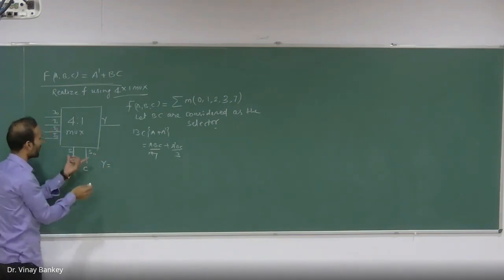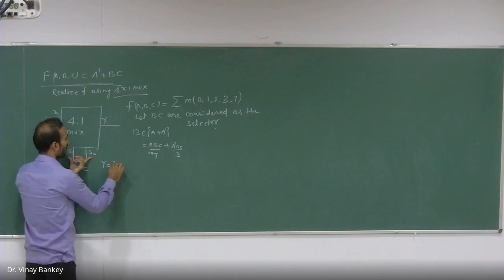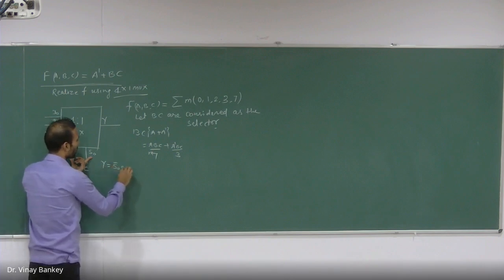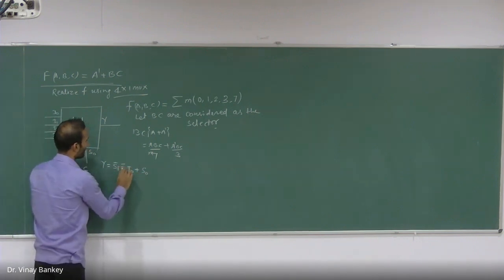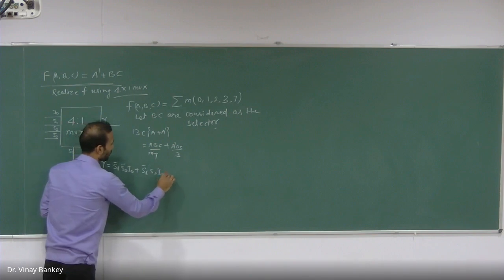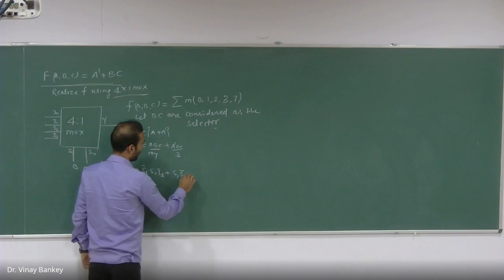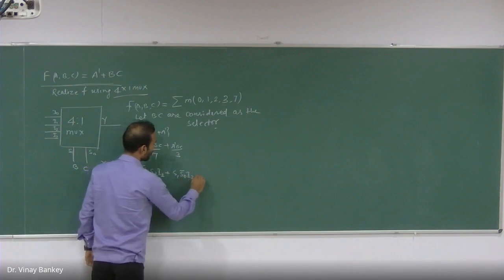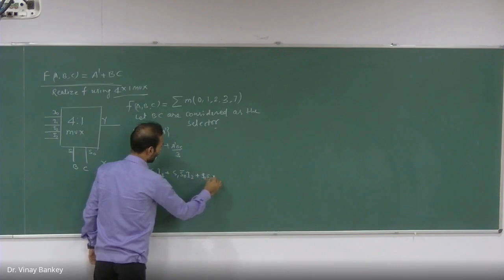In terms of these selection lines, I can write S1 bar, S0 bar, I0, plus S1 bar, S0, I1, then S1, S0 bar, I2, then S1, S0, I3.